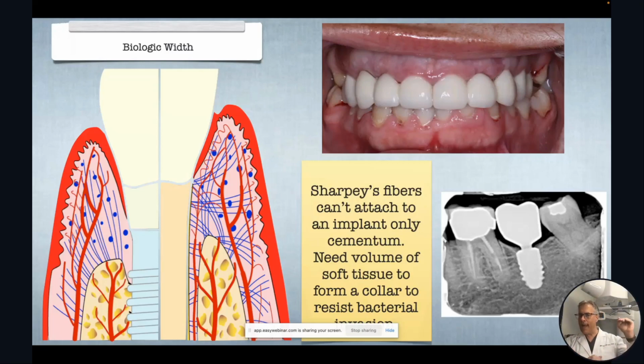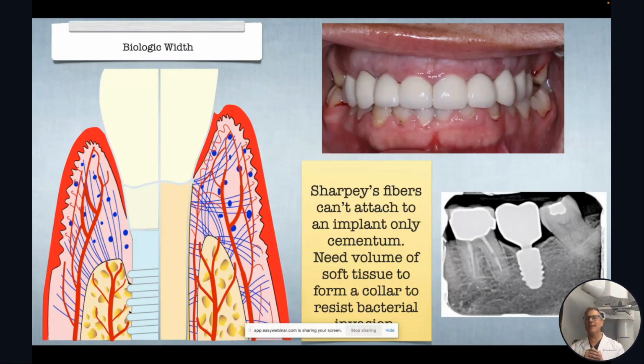One, we want a lot of good attached tissue to form a collar around our restoration. And two, we want that implant connection to be down towards the bone. If you look at the image on the right, although that abutment post is really super skinny on an ankylosed implant, look at how nicely the bone attaches to that.